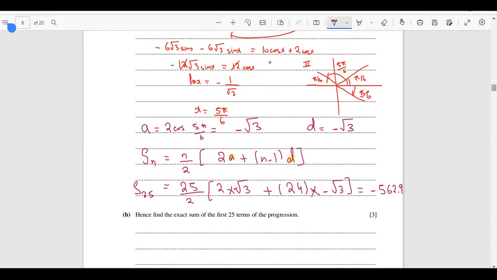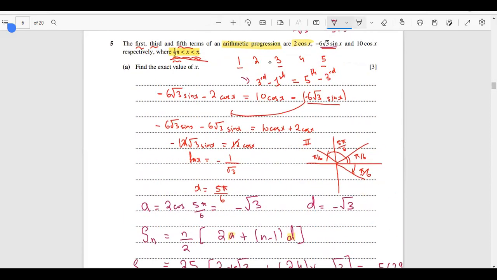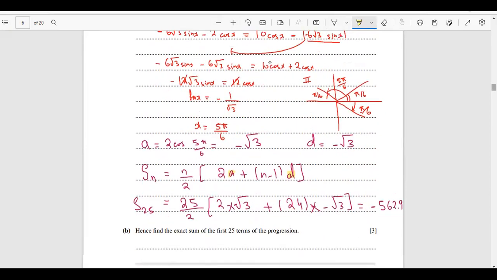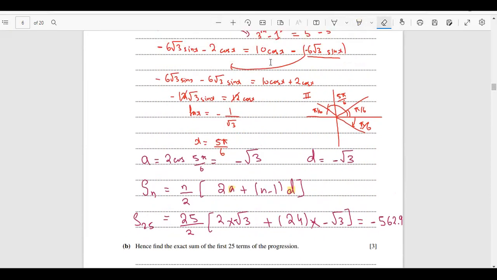Since the question says you need to find the exact value, the best possible method is to write down the exact value. So I'm just going to give the answer in the surd form. That is going to be minus 325 into under root 3. Sorry, yes.